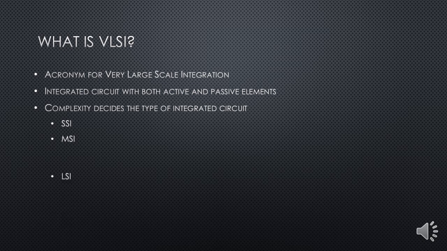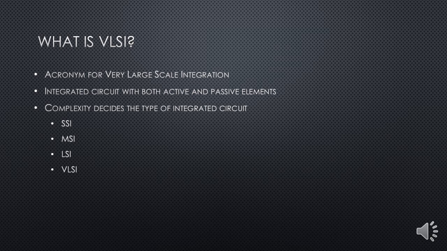Then coming to LSI, the large scale integration. If we have greater than 10,000 transistors in our design, we call it an LSI circuit. And then our focus, VLSI, very large scale integration.